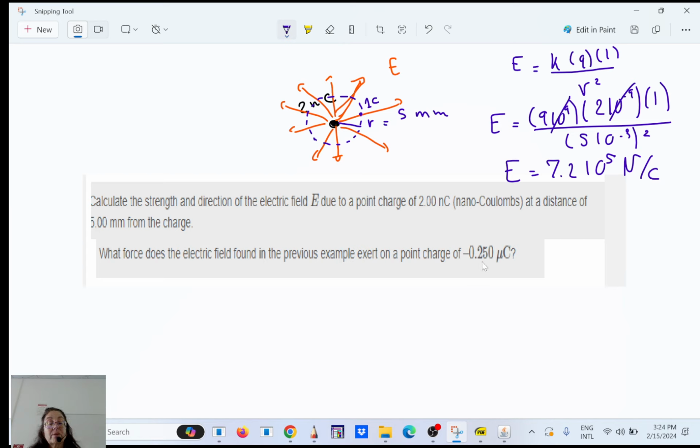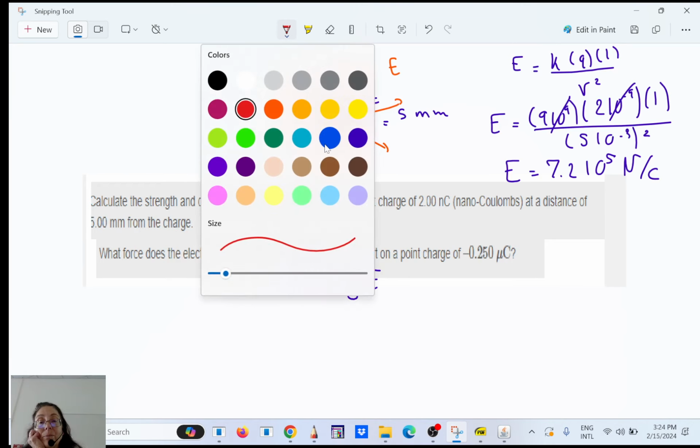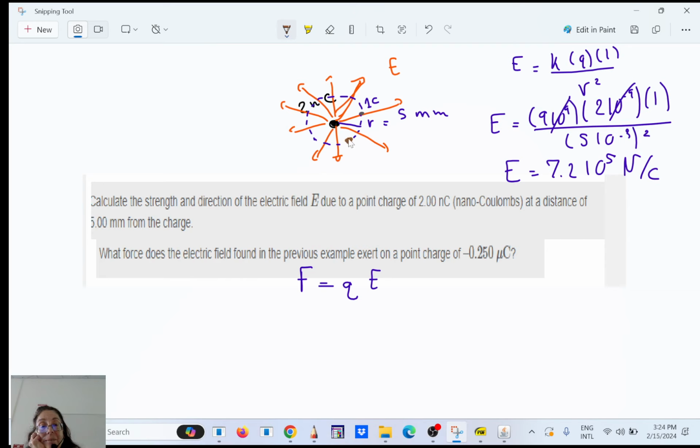What's the force? The force equals QE. So if you have your charge here, a negative charge, negative 0.250 microcoulomb, which way is it going to go?